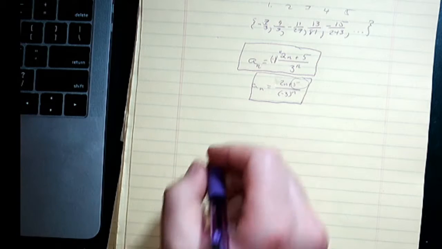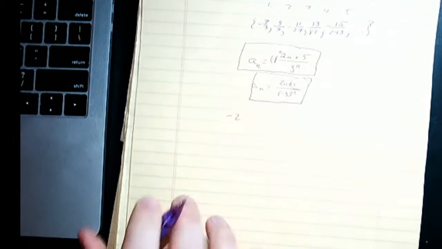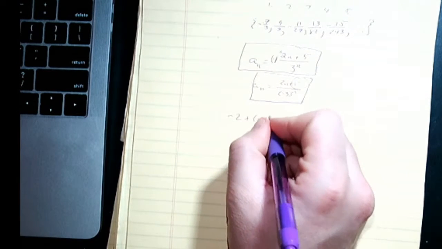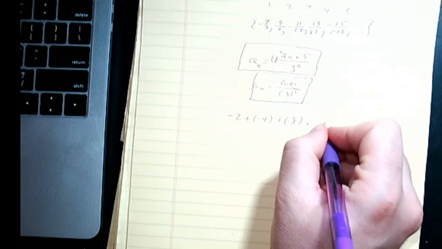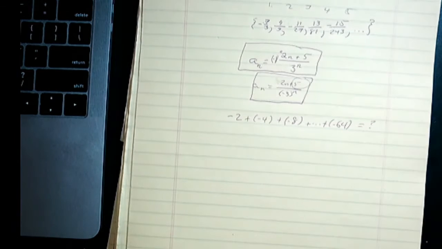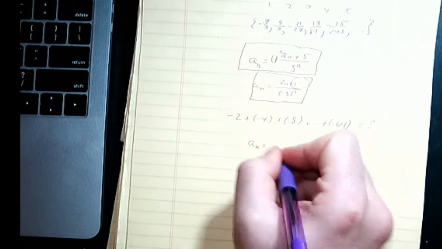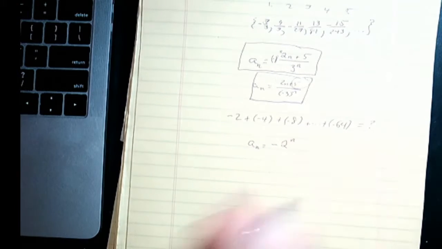The next one's asking the partial sum -2 plus -4 plus -8 plus ... plus -64 is equal to what? Okay, so how do we do this one? Well, first of all, you can see what each term is. A sub n is equal to -2 to the nth power.